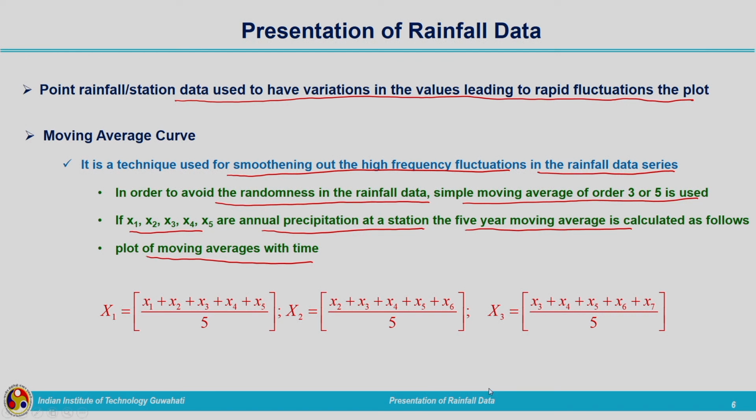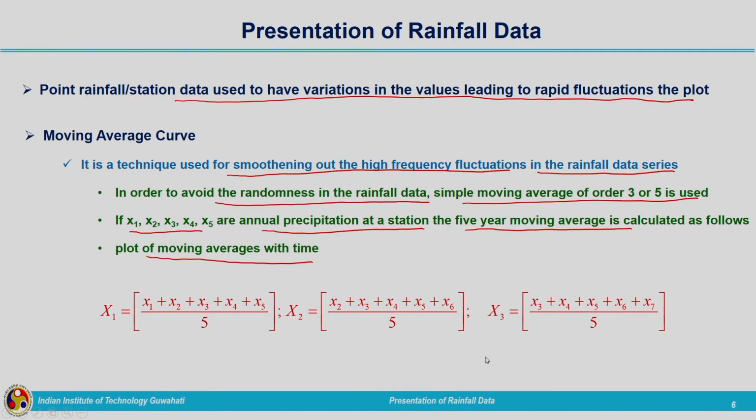Summation of 5 terms will be taken and the average will be found out, and these values up to xn will be plotted to get the moving average curve. This curve will be a smoothened curve which will not show the fluctuations present in the individual data points.